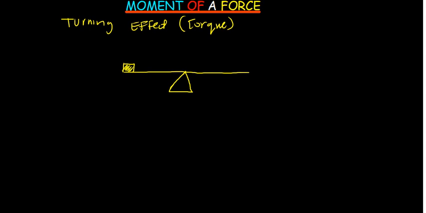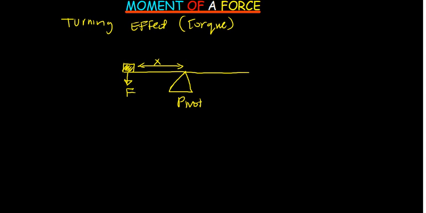Because of this block, it is going to give a force to this object, pulling this ruler downwards, and you need to know this distance from the pivot. So a pivot is very important here. This is the distance x and this is the force.